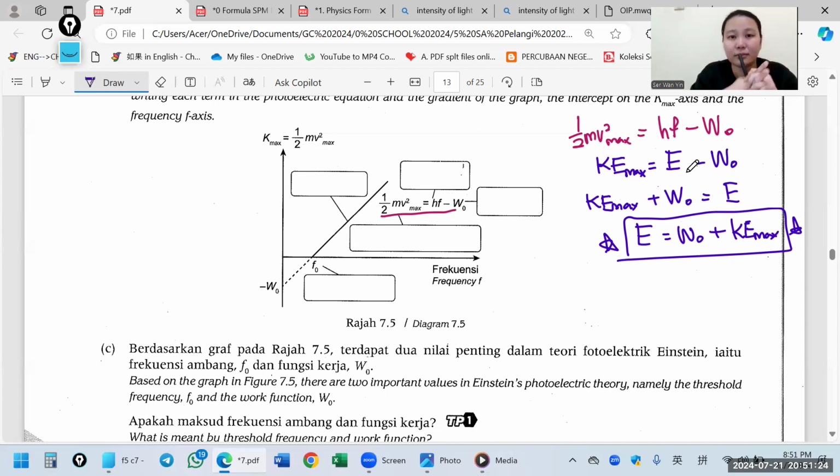Okay, so don't remember other formulas. You remember the original, then you substitute and move it around.